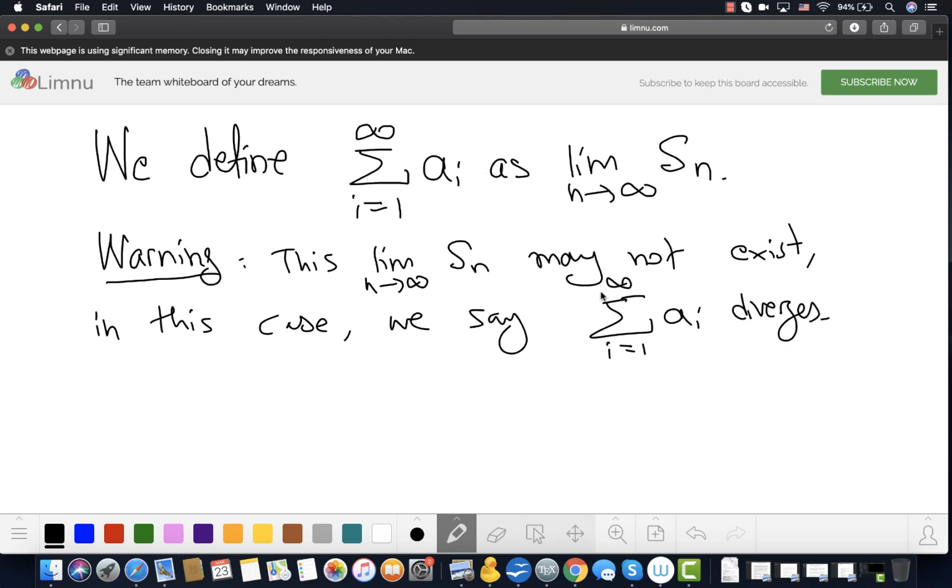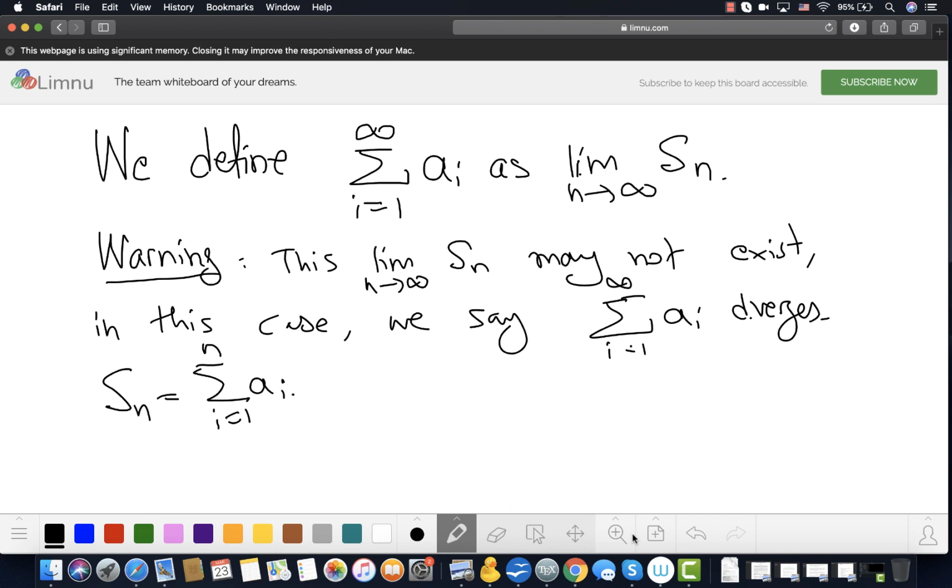Okay, so let's try to understand why it makes sense to define the sum i goes from 1 to infinity of a sub i as a limit. So S sub n is just adding up the first n terms, and then we're just letting n go to infinity. So this is exactly the intuition that I was trying to convey earlier in the lecture, which is that S sub n is just the sum of the first n terms of the sequence.